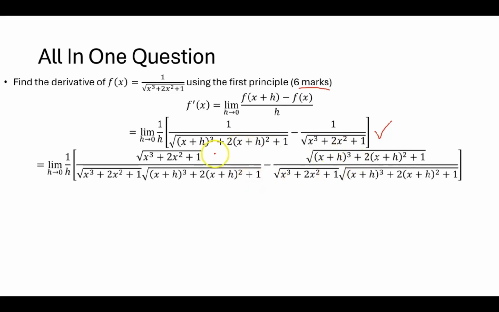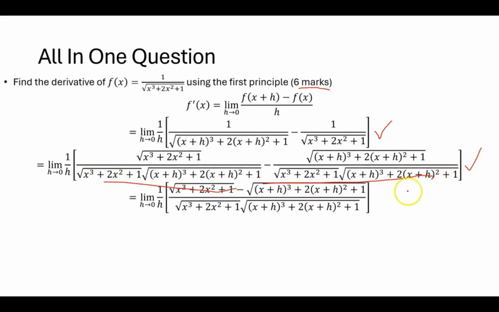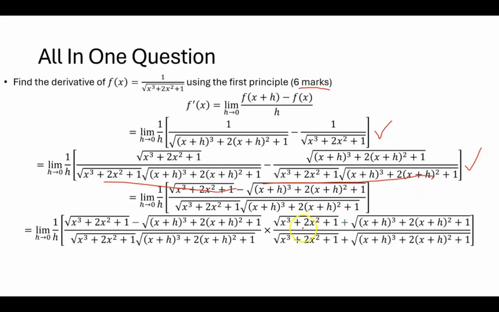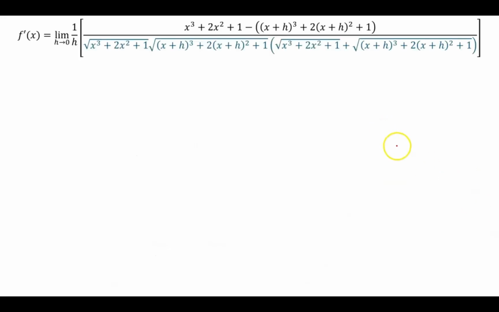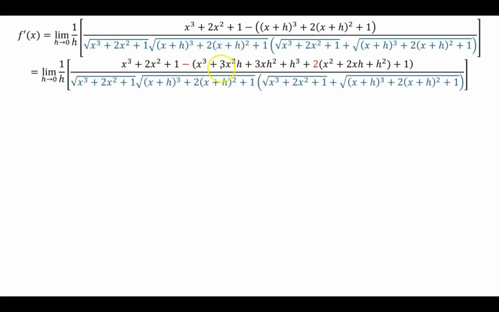The second one is getting a common denominator of these two things. This is the second mark. And then the third mark comes from multiplying by the conjugate here. You change this minus sign into a plus sign. This is the third mark. And then the fourth one comes from expanding it. So this cubic expansion and the quadratic expansion give you the fourth mark.